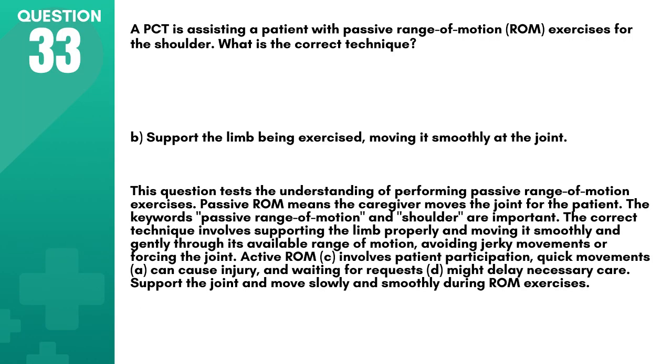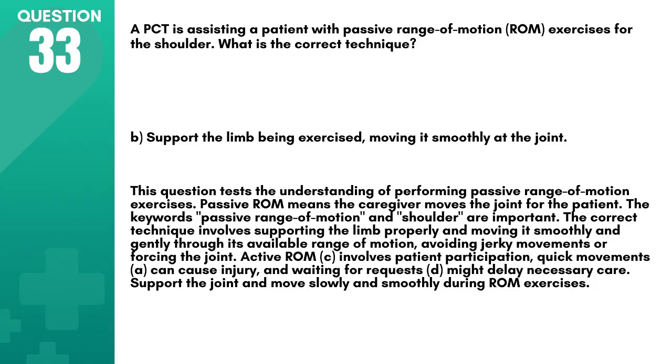Answer: B. Support the limb being exercised, moving it smoothly at the joint. This question tests the understanding of performing passive range of motion exercises. Passive ROM means the caregiver moves the joint for the patient. The keywords passive range of motion and shoulder are important.